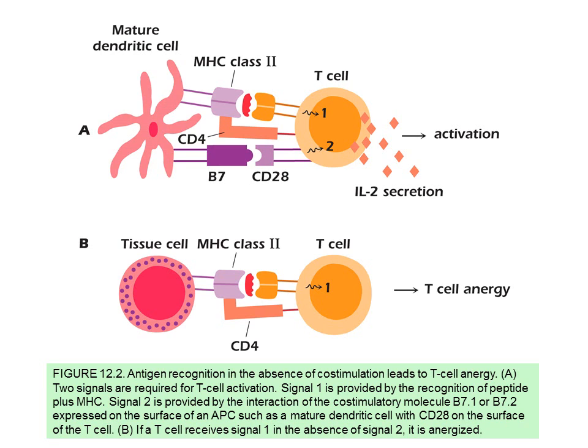Now, what may happen is that in this case, again, there is a tissue cell, so this is your own cell, and it has an MHC class 2, right? And the T cell will come, and with this interaction, it can get activated and may cause problems, but since there is no co-stimulatory second signal, the T cell will become anergic.